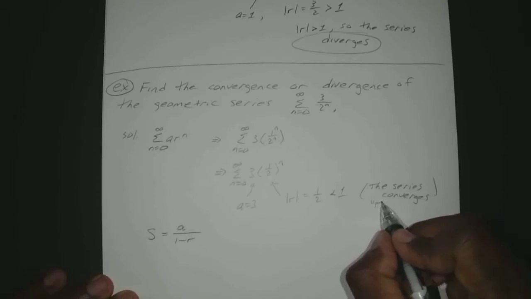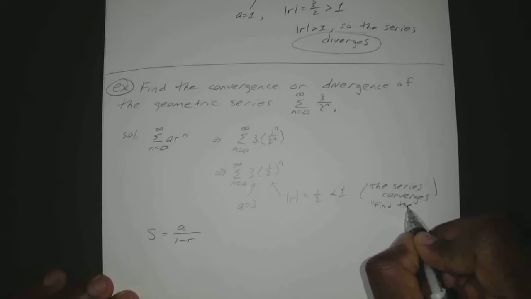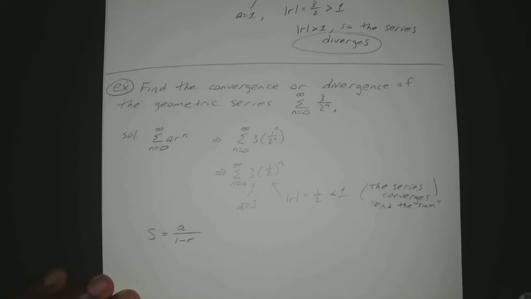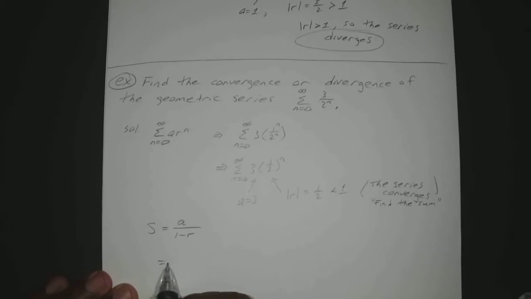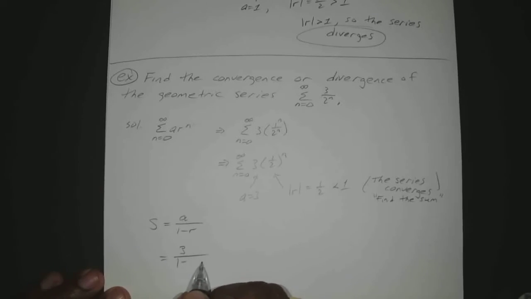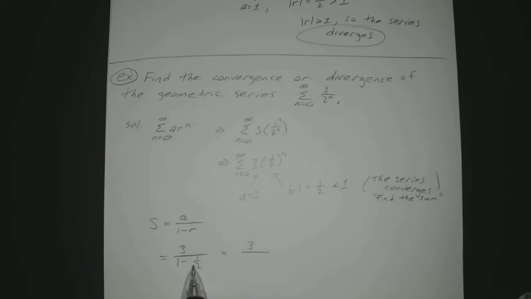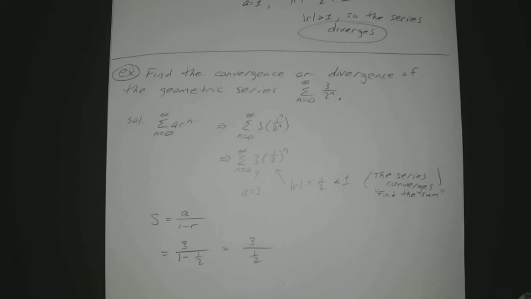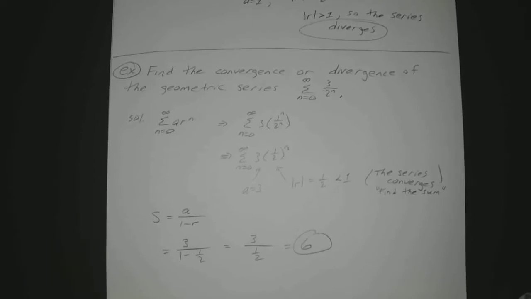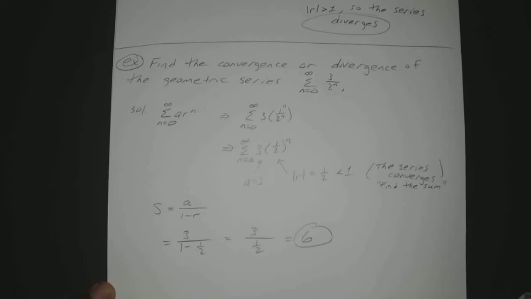So I'll put find the sum. Okay, so that's going to equal, our a is 3 over 1 minus 1/2. So that's equal to 3 over 1/2, since 1 minus 1/2 is just 1/2. Multiply both of those by 2, you end up with 6. Okay, so the series converges, and the sum is 6.